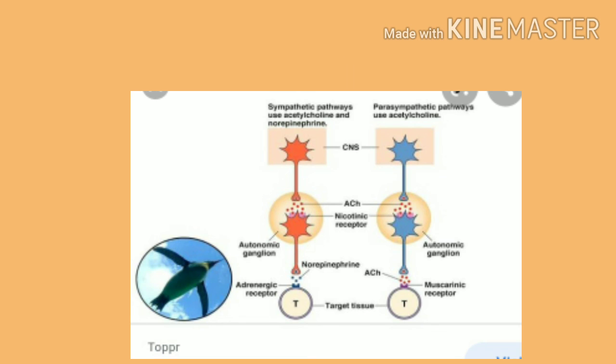This ganglion passes this chemical, norepinephrine, to the target tissue through a receptor and does its work.